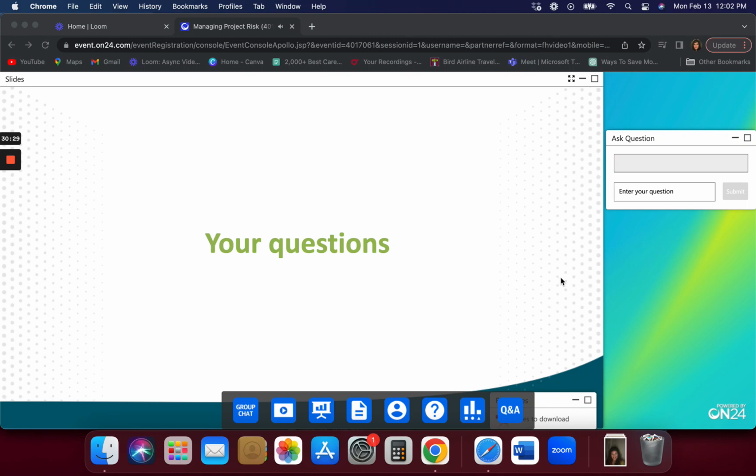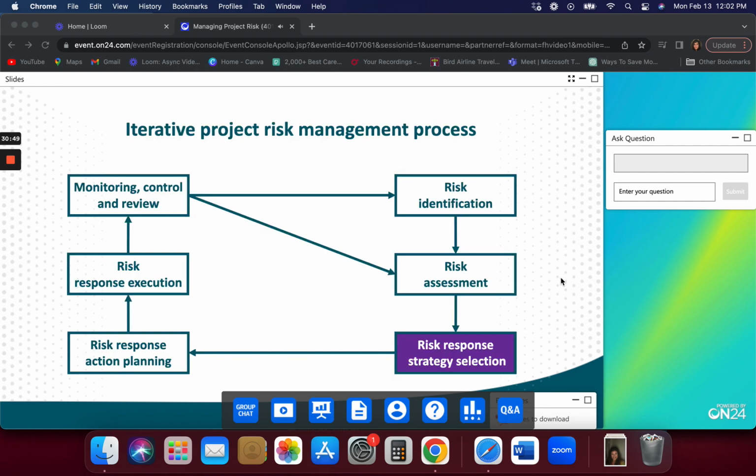That's the only difference. So we're going to talk about the risk response strategy now, and after that, we'll talk about risk response actions. So there's risk response strategy selection.